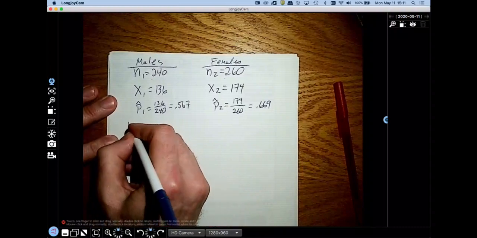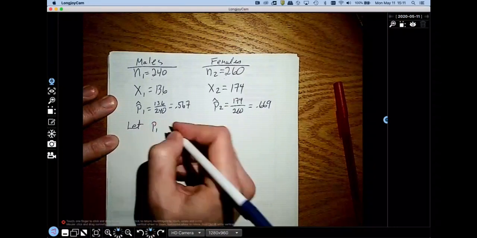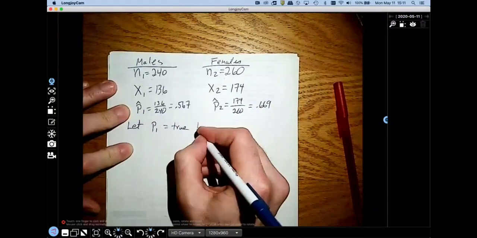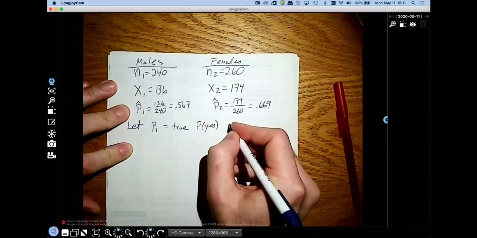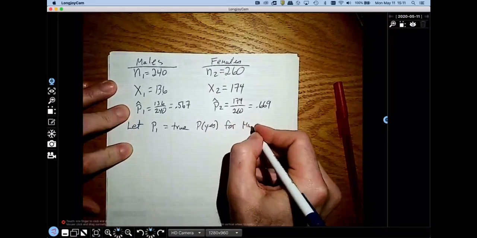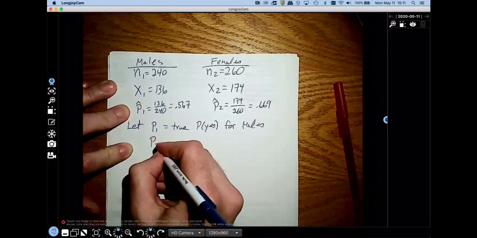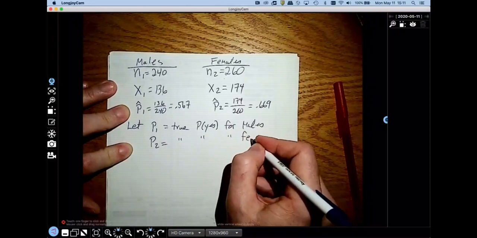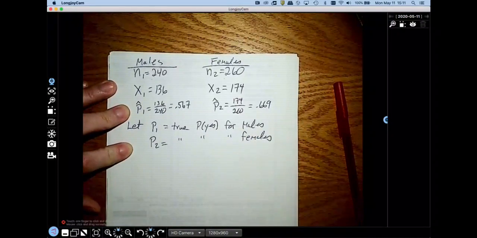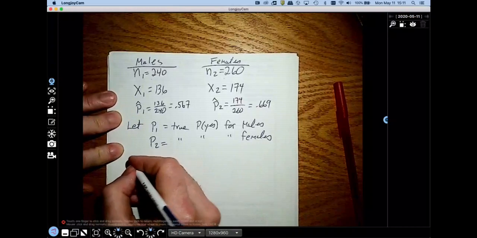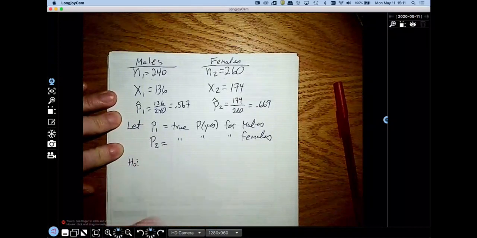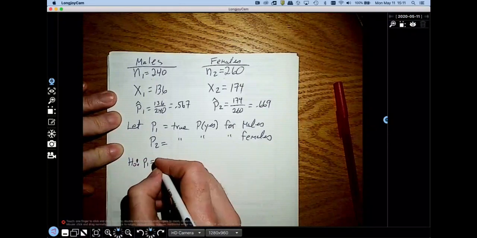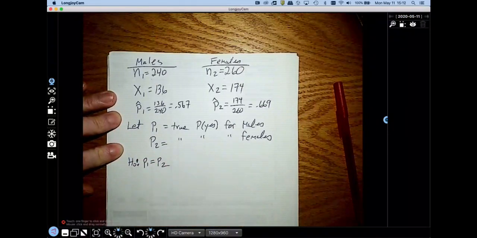Let's say that P1 is the true probability of a yes for males, and P2 is the true probability of a yes for females. What I'm really interested in is the null hypothesis that P1 is exactly the same thing as P2.